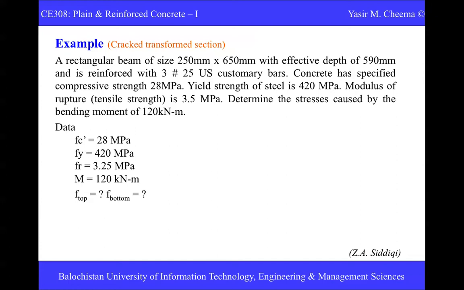Let's see the description of this example that we also did, which is also available in your lecture notes. It says that we have a rectangular beam with the size given, and its effective depth is also given, and its reinforcement is three bars of number 25. Its concrete specified compressive strength is also given here.